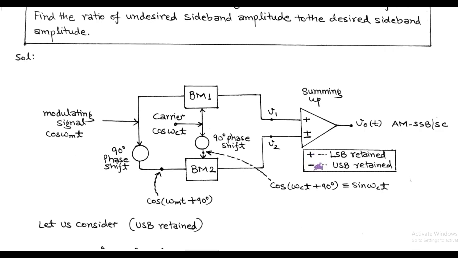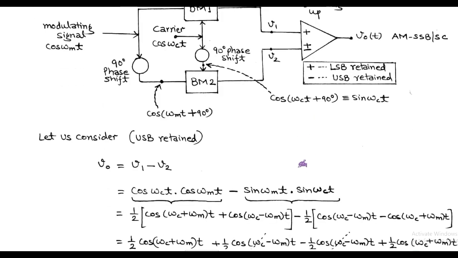So accordingly, output V naught equals V1 minus V2 when we retain the upper sideband, and output V naught equals V1 plus V2 when we retain the lower sideband. So accordingly, we solve this problem.